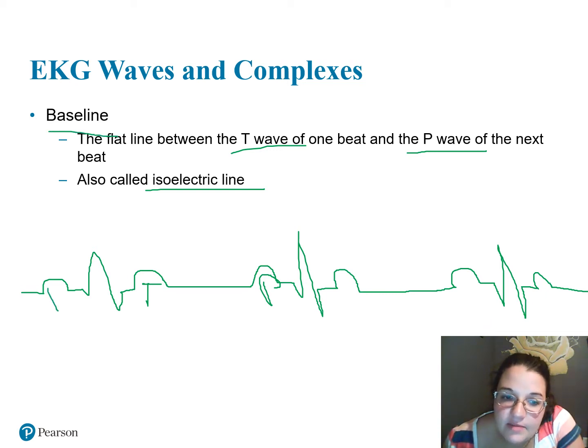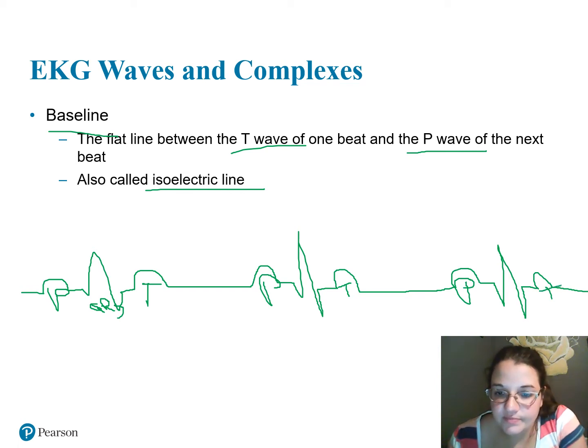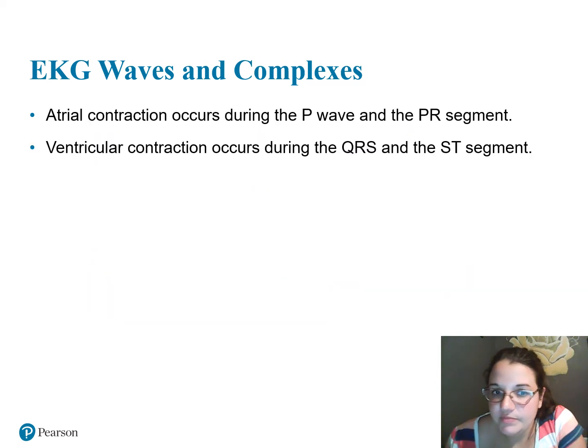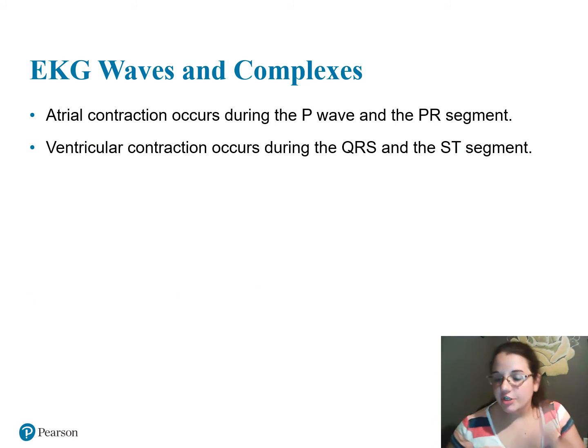And then we can label P, Q, R, S, and so forth. T, P, and T. Alright, atrial contraction occurs during P wave and PR segment.